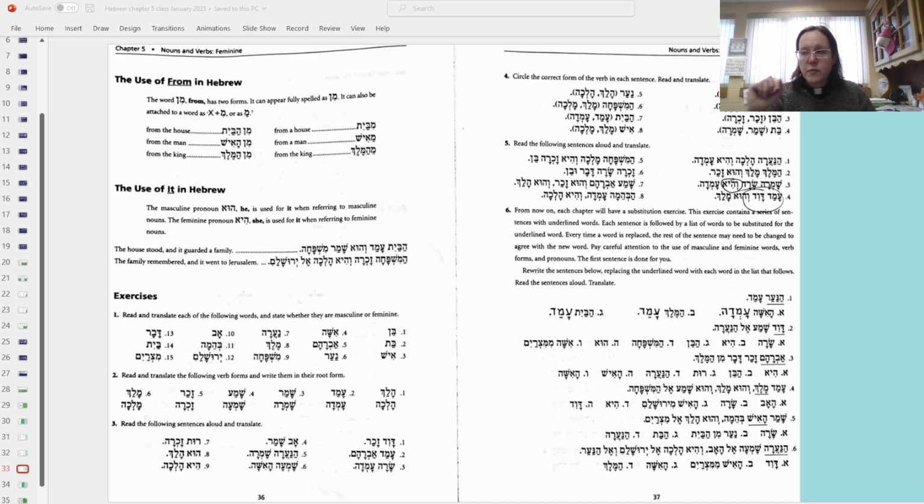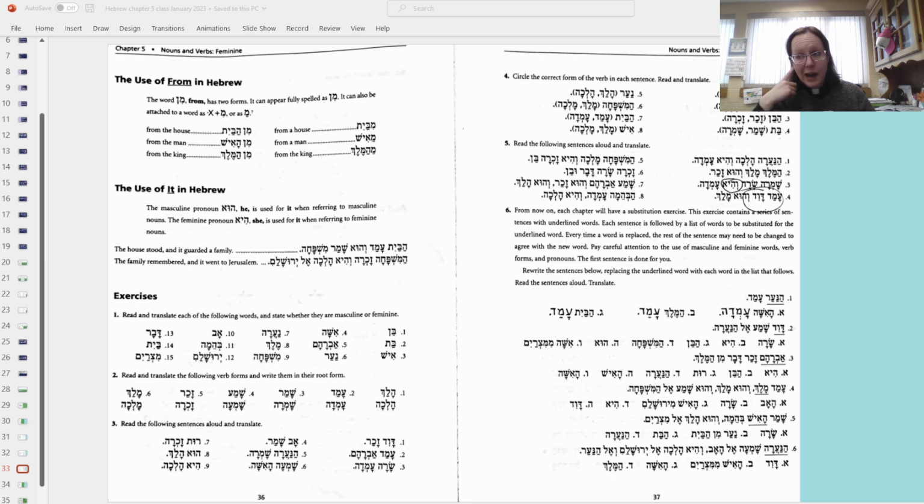And the root letters would be ayin, mem, dalet. Number 3, we have shamar and shamra. Shamar is guard. And the root is shin, mem, resh. You could tell that shamra is feminine because it has the alef and the hey at the end.